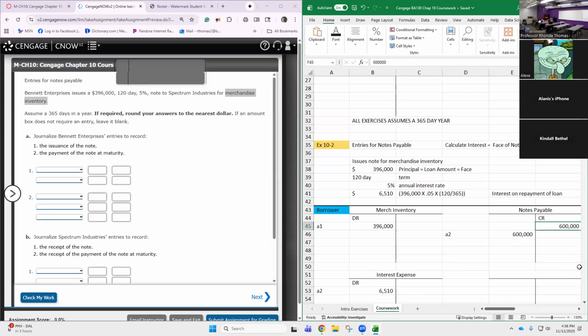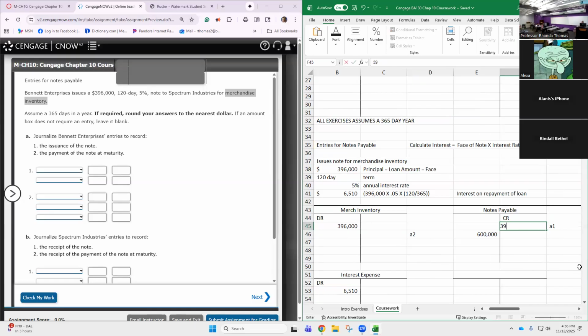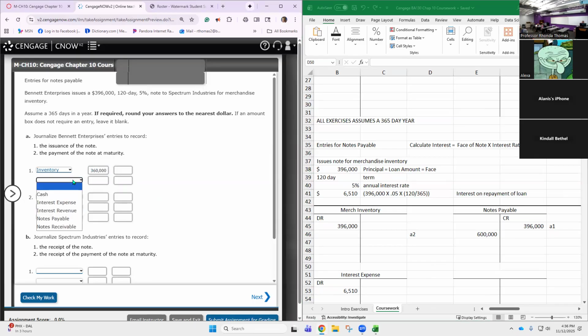We're going to record a notes payable of 396,000. They just used the word inventory, not merchandise inventory. So put the amount of the note there, because the amount of the note is the amount of inventory you're buying.